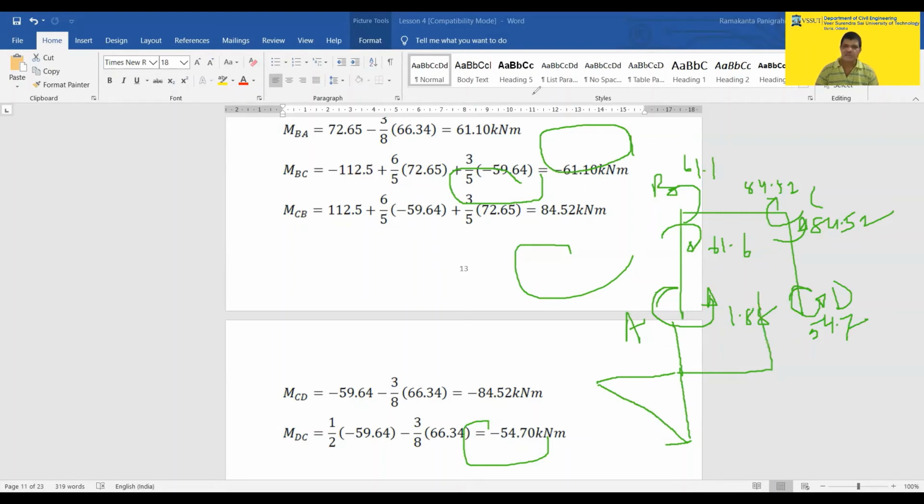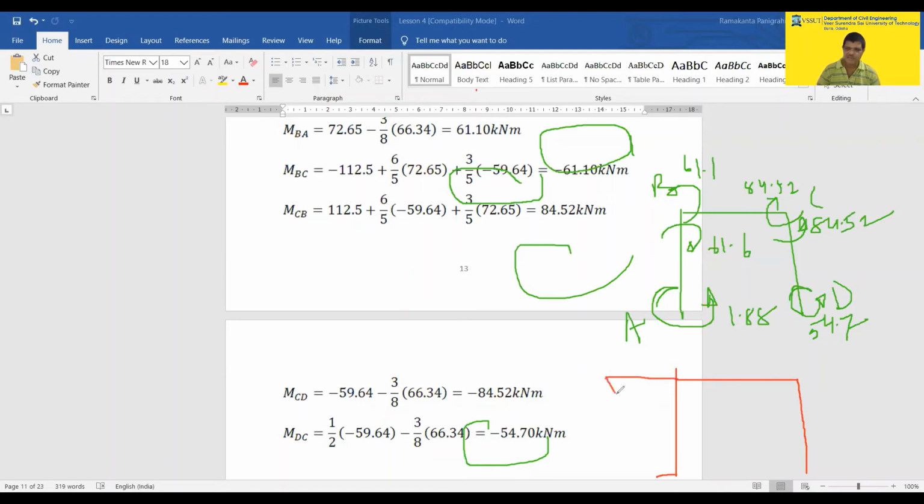This should be a different color, so it will be easy to understand. Let me again draw these values. Now this is 1.88 here, and here is 61.1.